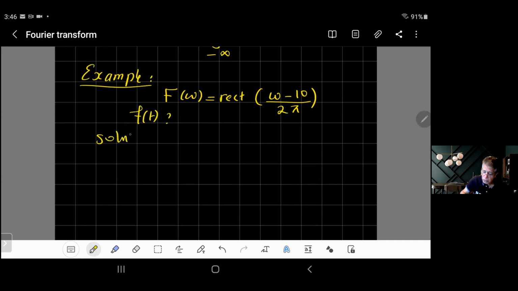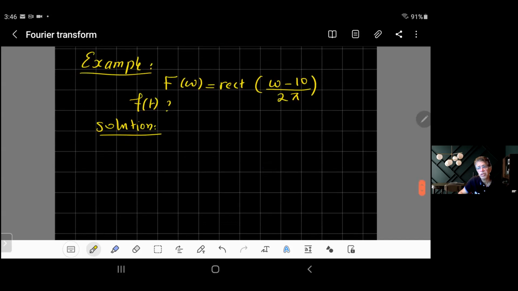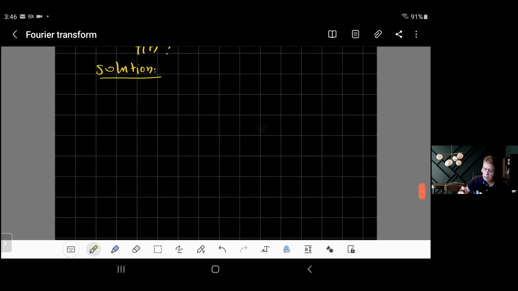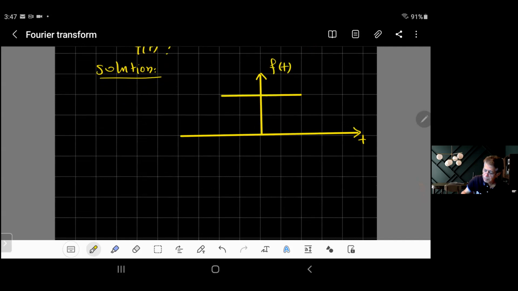Well, to do that, we did before some problems with a rectangular function, but let me review with you what the rectangular function is first. The rectangular function, the basic one, looks like that. That's the time domain. And it's equal to 1, starting from minus 0.5 up to 0.5, and it will be 0 outside this range.